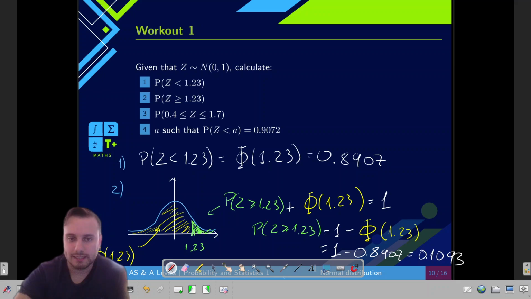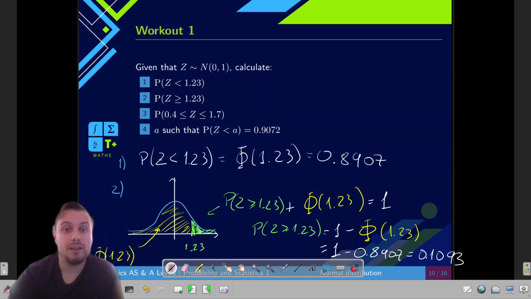And that's it. That's the value for the probability. So you see that working with this normal table and this normal variable, it's not that complicated once you get the hang of it. It's not that challenging, but you may need to practice a bit at first. Then let's do number 3.